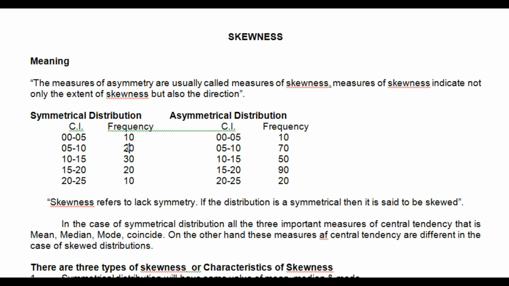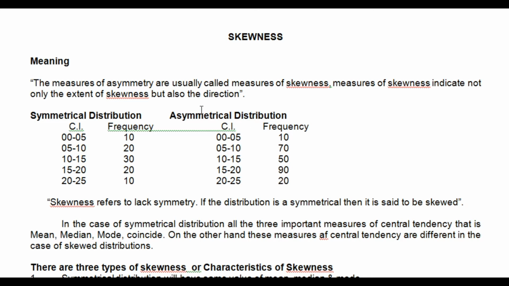Whatever the number increases, the same number decreases. If you plot this 10, 20, 30, 40, 10 in a diagram, it comes like a bell shaped curve. If you see this one, 10, 70, 50, 90, 20, it is not in a systematic order. The value increases and decreases, but not in the same order, not in a linear way.